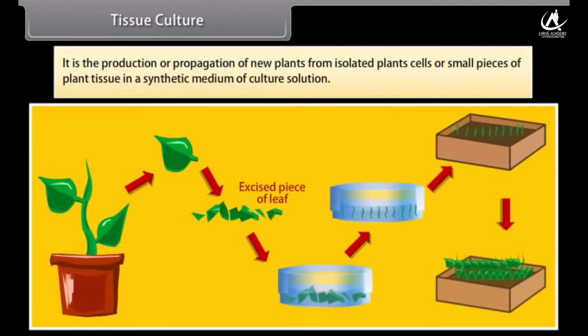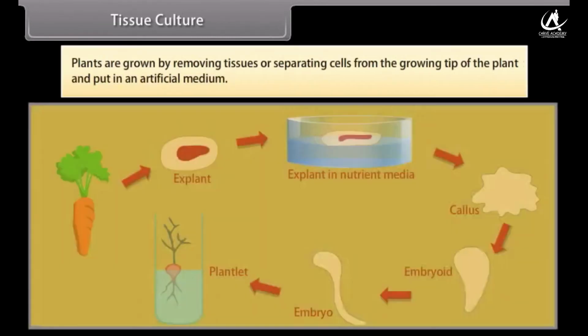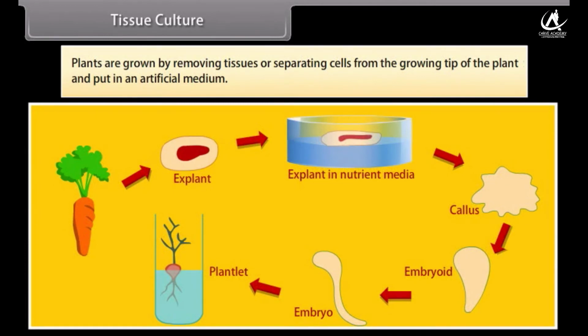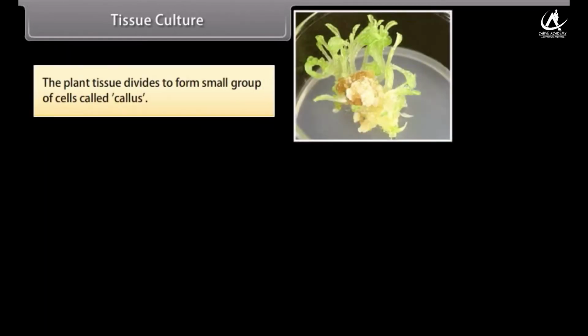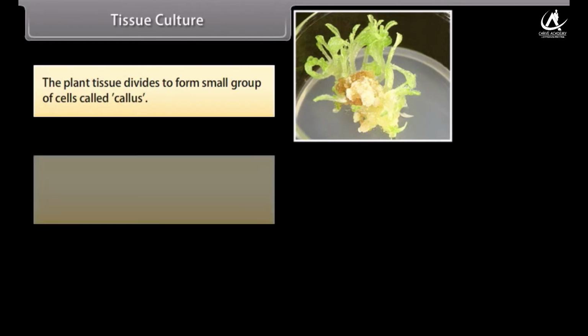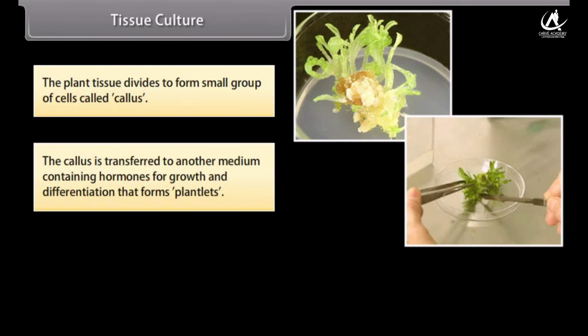Tissue culture. It is the production or propagation of new plants from isolated plant cells or small pieces of plant tissue in a synthetic medium of culture solution. Plants are grown by removing tissues or separating cells from the growing tip of the plant and putting them in an artificial medium. The plant tissue divides to form a small group of cells called callus. The callus is transferred to another medium containing hormones for growth and differentiation that forms plantlets.